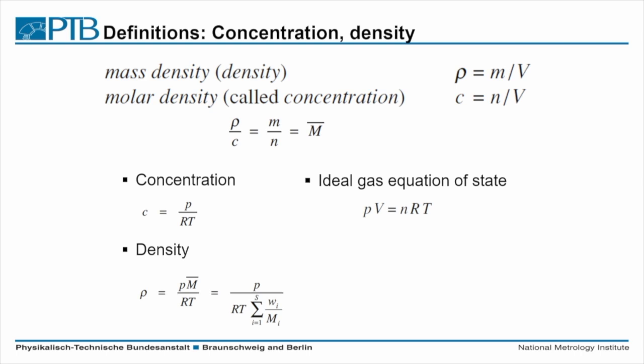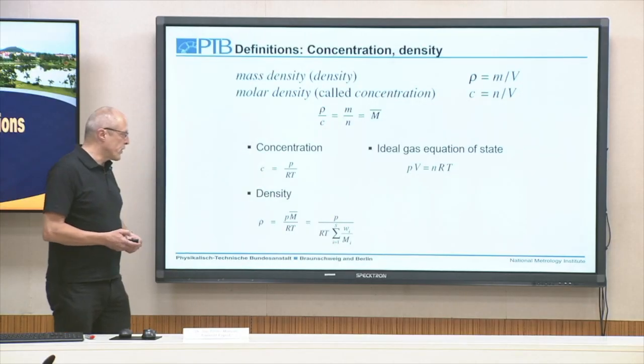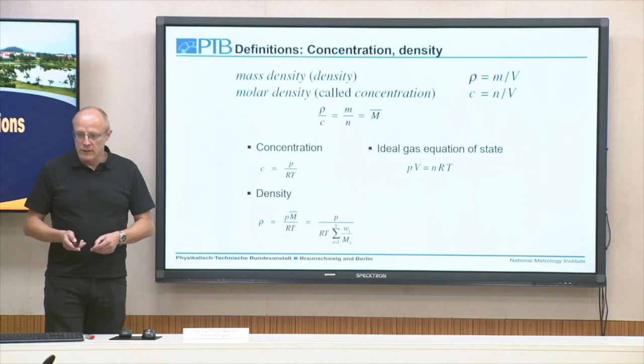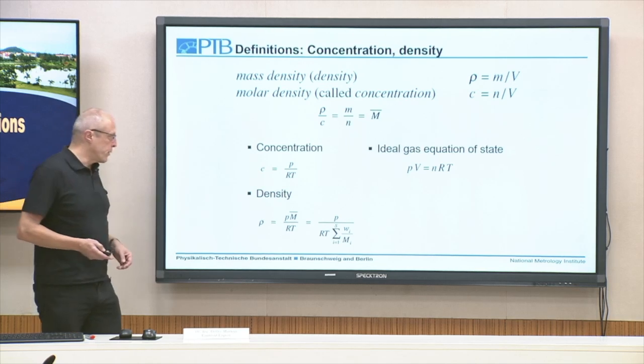We also have to consider mass density, which is mass divided by volume, or molar density, the concentration, so number of moles per volume, and these quantities are also related to each other. Concentration, when we use the ideal gas equation of state, is pressure over RT. And of course density is then pressure times mean molar mass divided by gas constant and temperature.